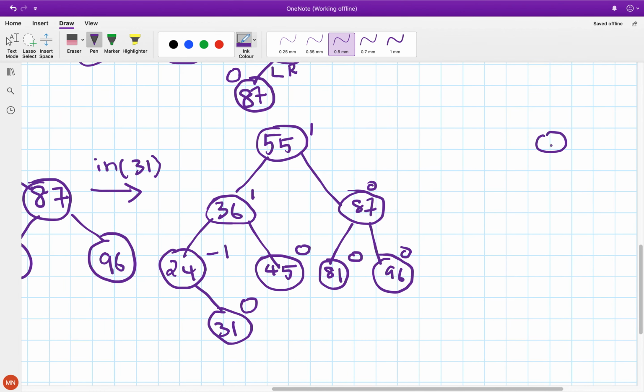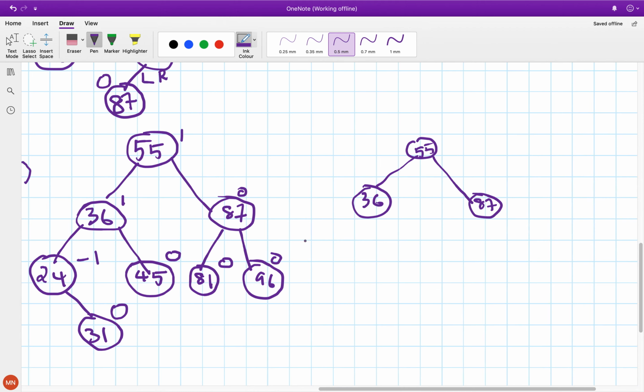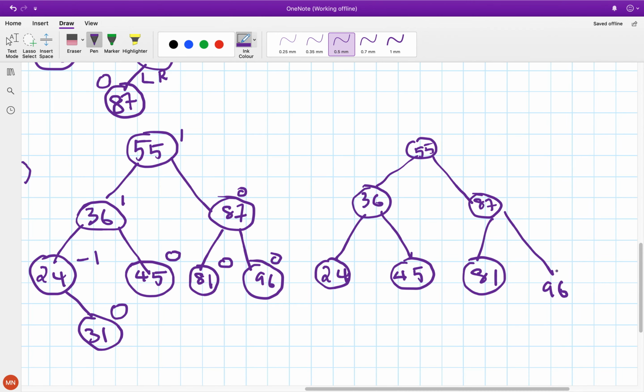You have 55, then you have 36, here we have 87, and then you have 24, 45, 81, on the right I have 96, then on the right I have 31.